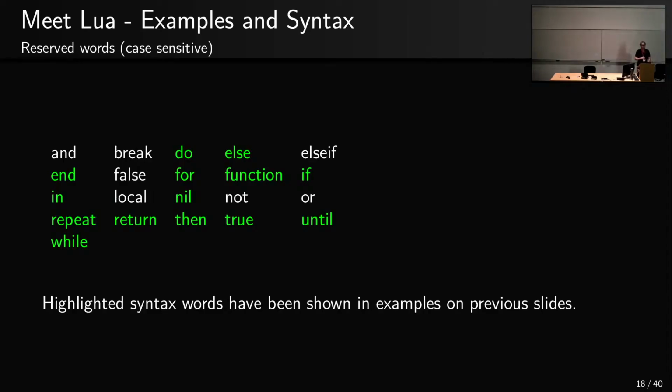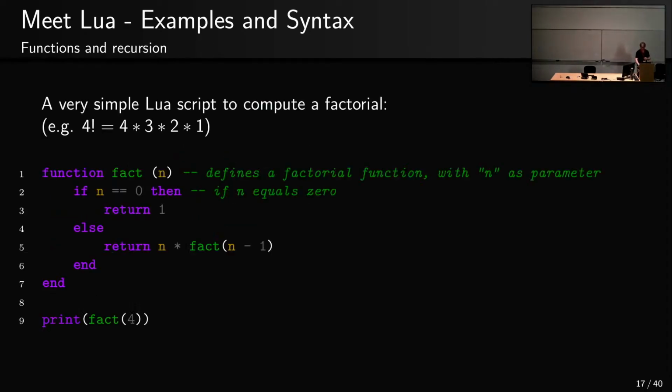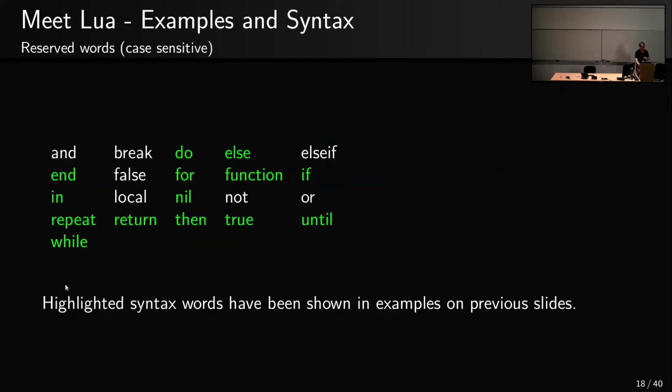So far we've seen almost all of the syntax keywords that Lua supports. I should have mentioned earlier that every function is closed off with an end. There are no curly brackets in Lua at all. So you have a function, or an if, else, end, and the function itself also ends with an end, which is a reserved word in Lua.